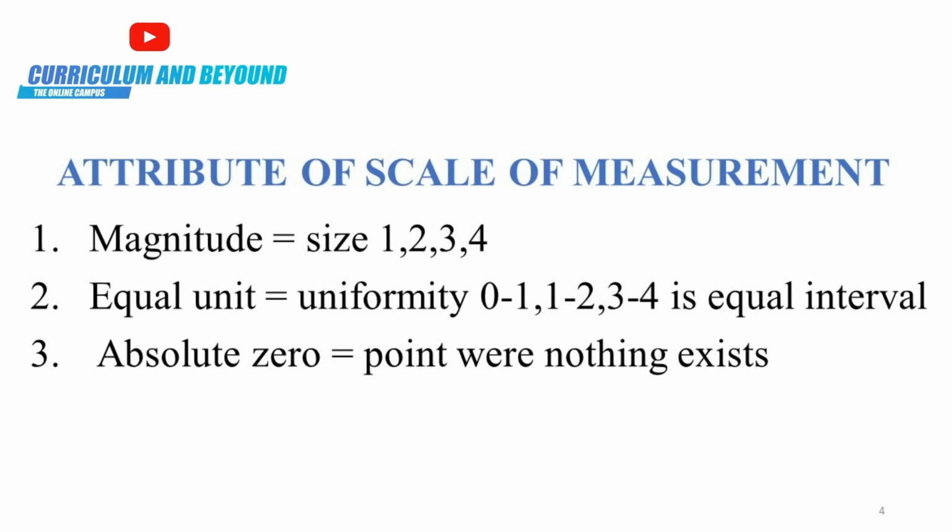Equal units means that the distance from 0 to 1 is the same thing as the distance from 1 to 2, and the same as from 2 to 3. The implication is that even if the ruler is broken in pieces, you can always use it to do measurement, because at every point of the ruler there is equal interval between one measurement point and another.